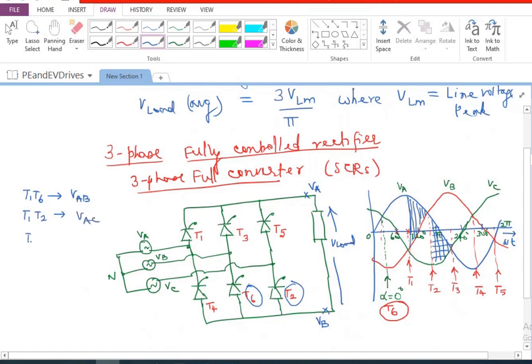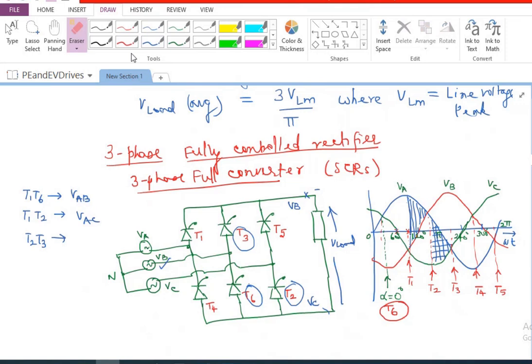And when I talk about T2 and T3 conducting, T3 is fired here, and T3 corresponds to VB, and T2 corresponds to VC. So I will have VB and VC. These are the two voltages that are going to be appearing across the load.